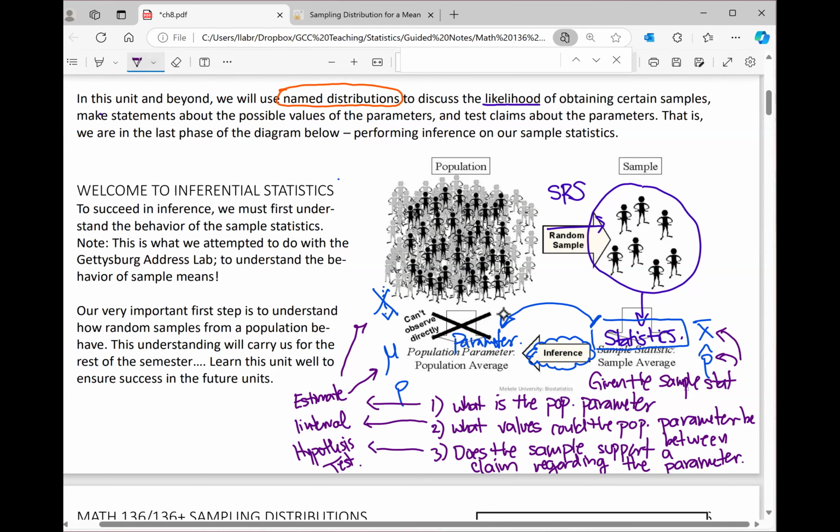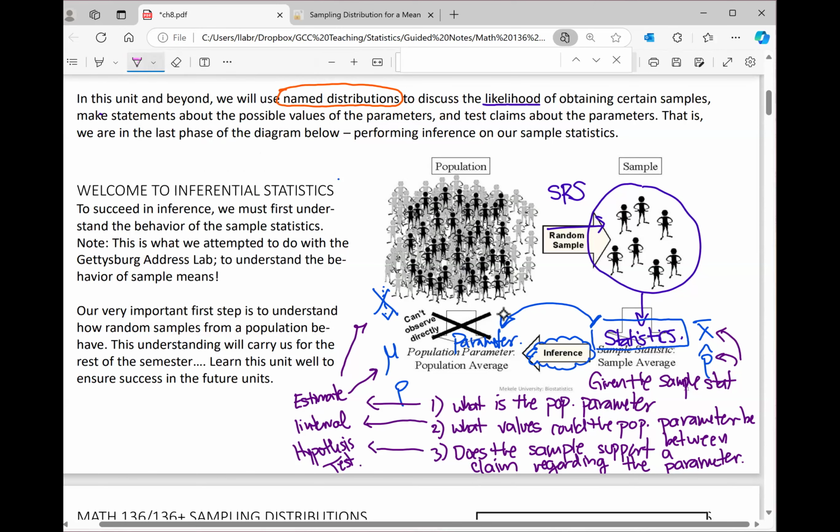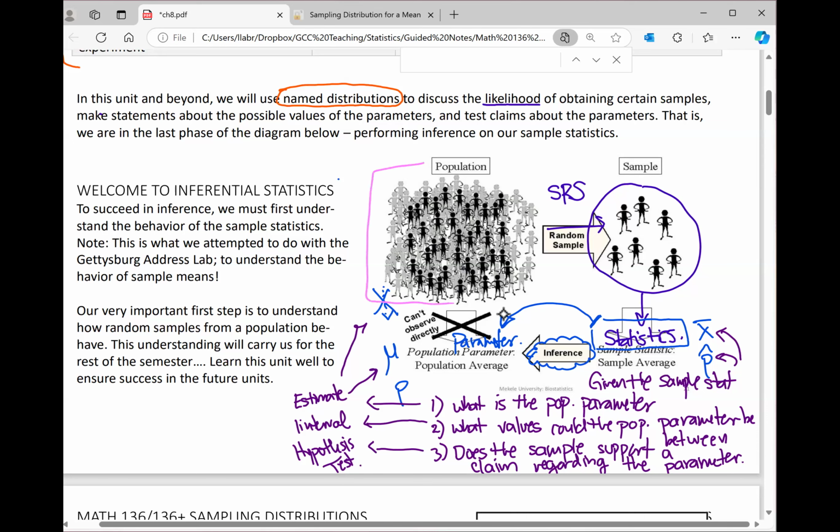Because in order for us to be able to cross this bridge, the very first step is to ask, how do random samples behave? So if we start with a population, we first have to understand the question, how do the sample statistics behave? So let's take a random sample, an SRS, the easiest way.